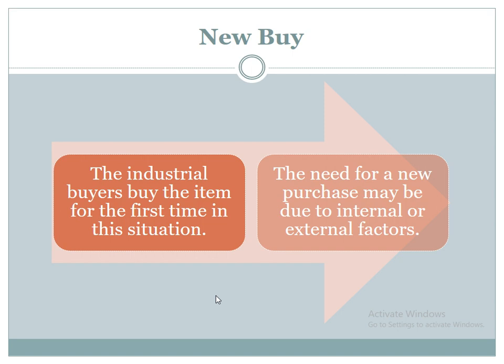Therefore, the buyer has to obtain a variety of information about the product, the suppliers, the prices, and so on. The risks are more. The decision may take a longer time, and more people are involved in decision making in the new purchase decision. It is the case of active search and high involvement on the part of the decision making unit.